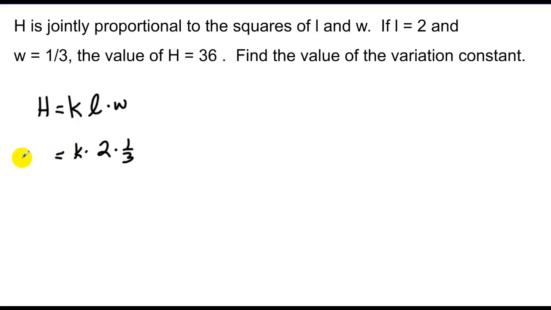Don't know K, but we know H is 36. So if I want K, I take 36, divide by 2, multiply by 3, because that's like dividing by 1/3. And there we have it. So that's basically just going to be 18 times 3, or 54.